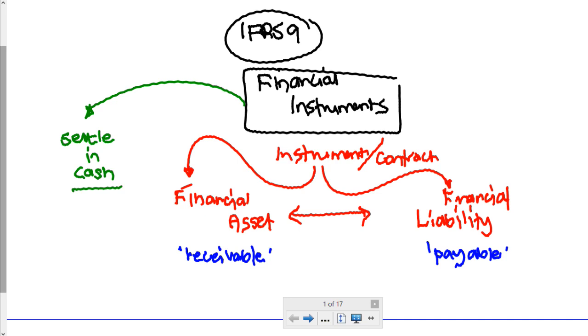PPE is not a financial asset, it doesn't settle in cash, it gets used. So financial assets or financial instruments settle in cash. There is a little technicality that it could settle in shares, but only if it's shares based on cash. So for your purposes, we're really talking about cash or settling in cash. And so cash is also a financial liability.